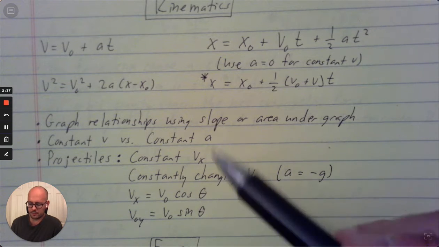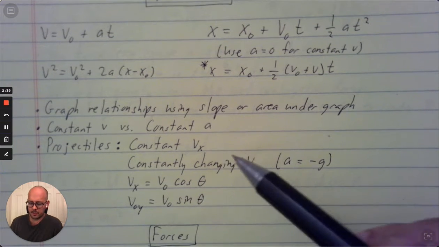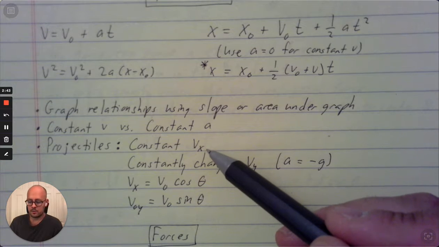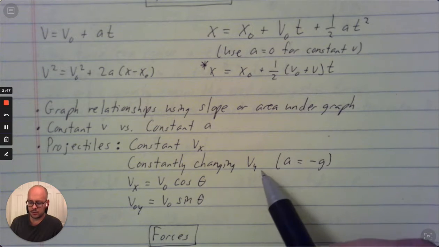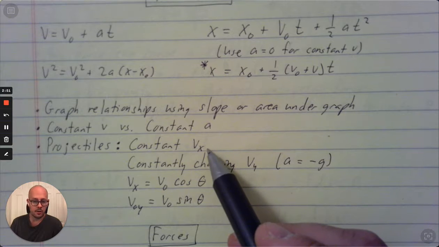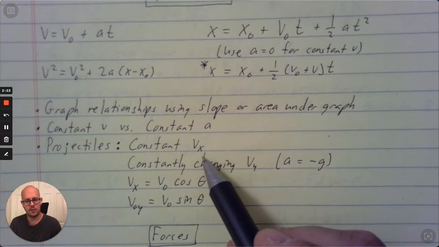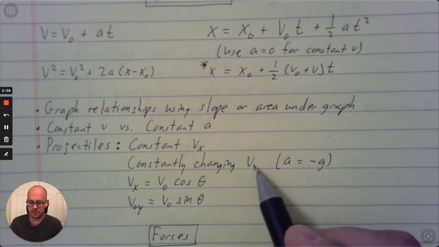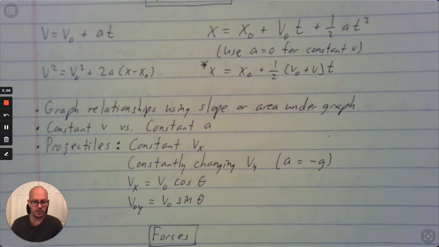Then projectiles. The big deal with projectiles is that you have a parabolic trajectory because you have a constant horizontal velocity and a constantly changing vertical velocity. Acceleration is 0 in the horizontal direction because gravity only operates in the vertical direction. Because of that, the vertical velocity changes; it goes down by 9.81 meters per second every second.